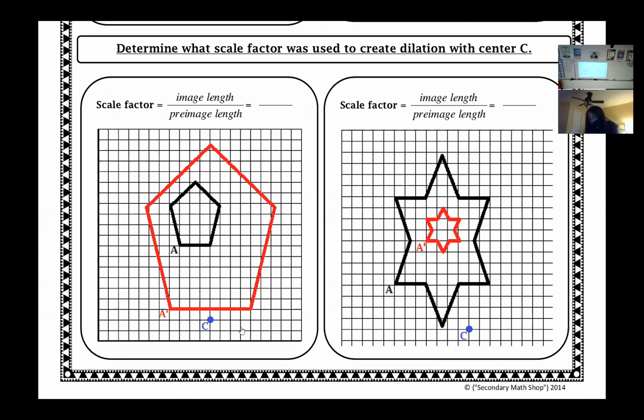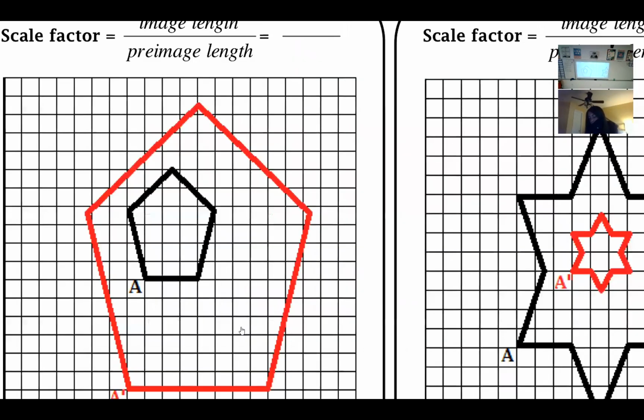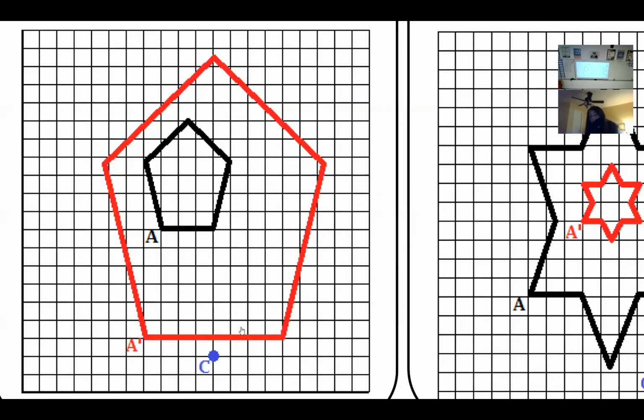That way we can just count boxes. So if I find a common side for this pentagon, what do you think? Probably the bottoms, right? Because everybody else is crooked and we'd have to do the distance formula, and you guys ain't feeling that much math this early in the morning.